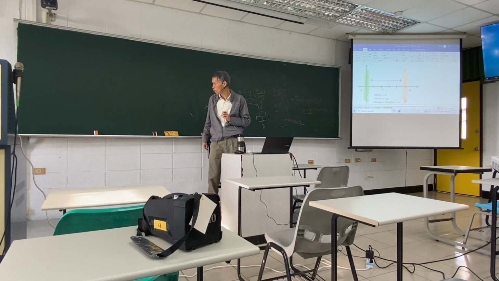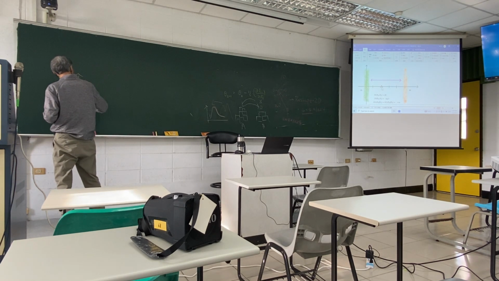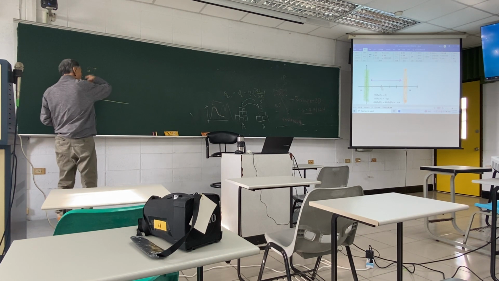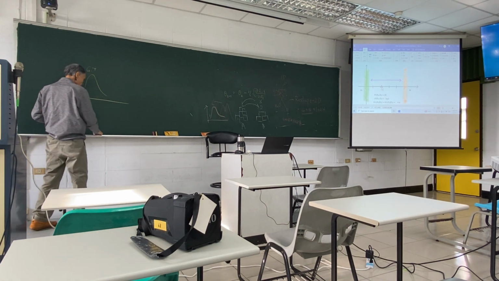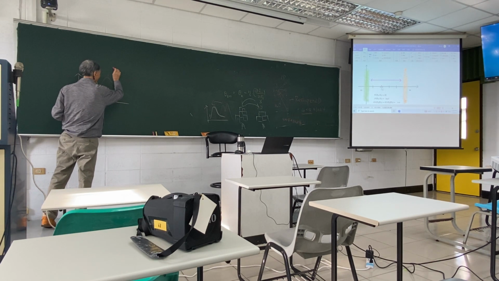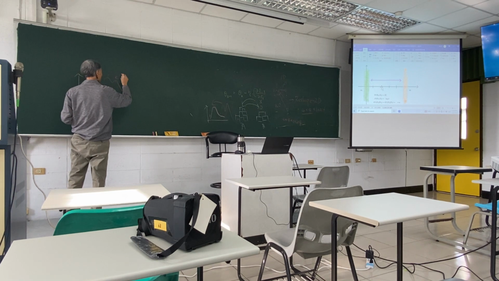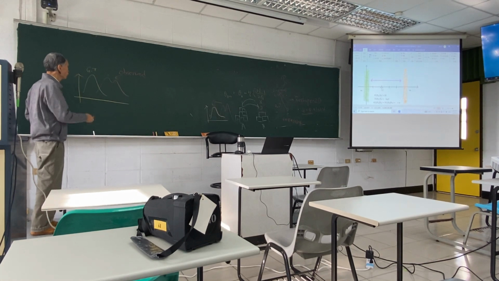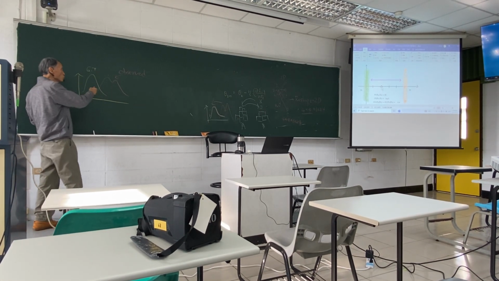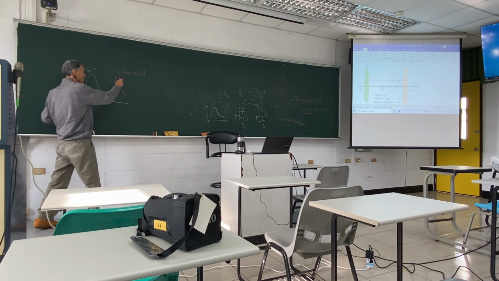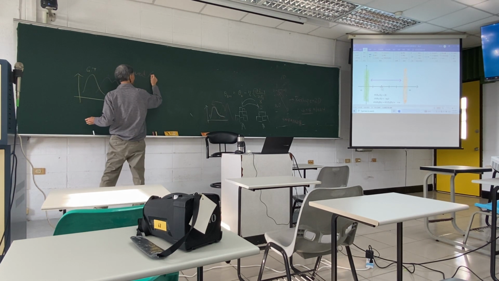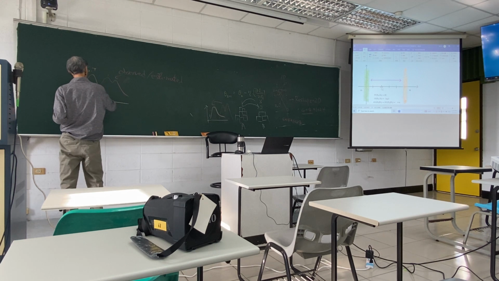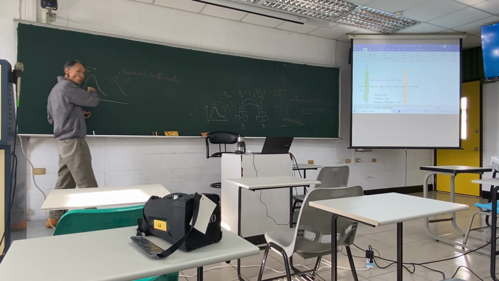Whenever we try to match, for example, if this is the ground truth distribution, and this is the observed, then of course you have to move the observed or estimated distribution so that both match together.